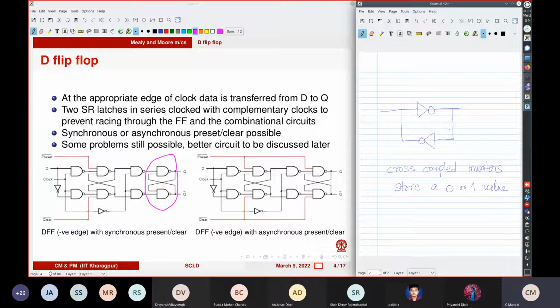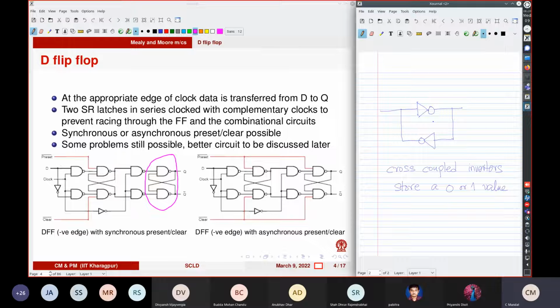Okay. So, you really don't know what it is going to store, but whatever it has, say if it's a 0, it stores a 0. If it is a 1, it stores a 1. Now, this is not particularly helpful because you don't have the option to change what it stores.